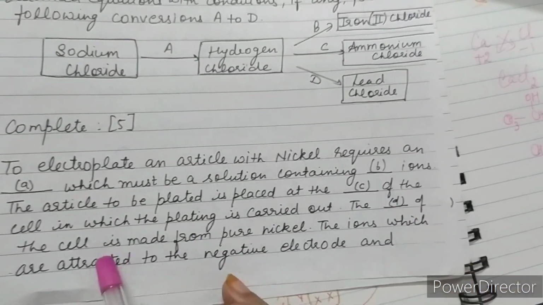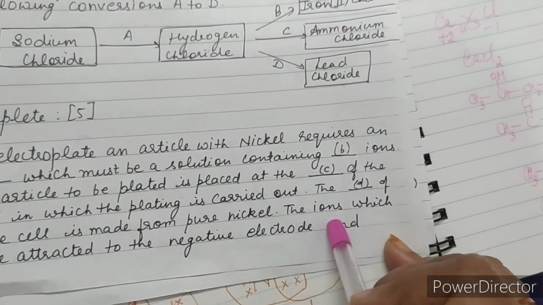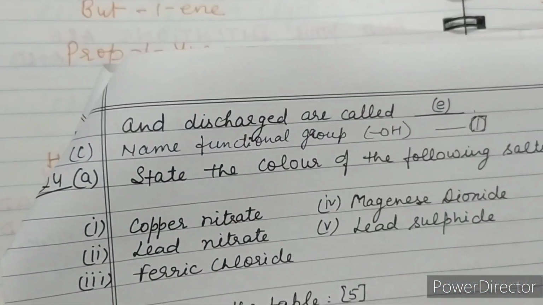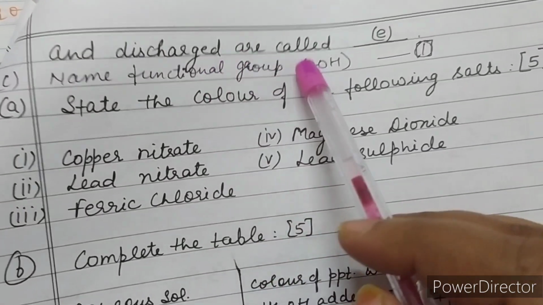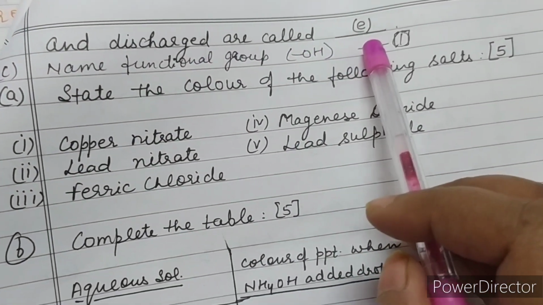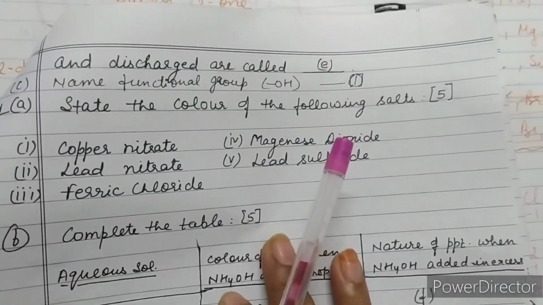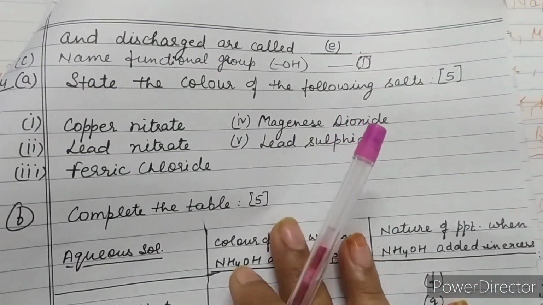The anode of the cell is made from pure nickel. The ions which are attracted to the negative electrode and are discharged are called anions. Okay, so if you know the process well, then you can write the appropriate correct keywords in these filling the blanks.